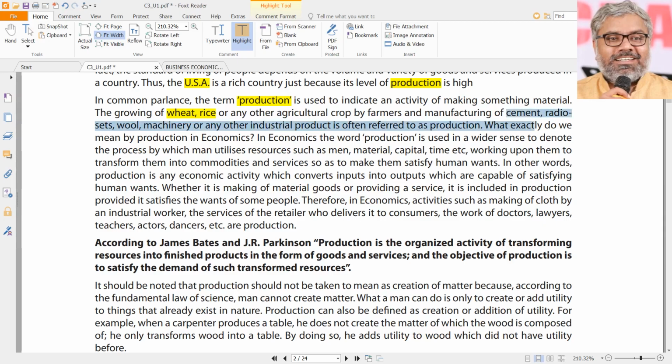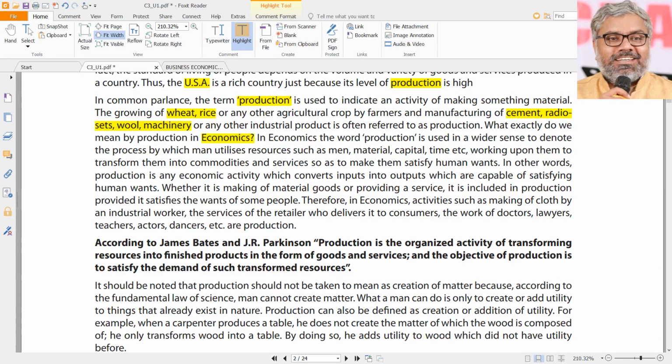Manufacturing of cement, radio sets, wool, machinery or any other industrial products, is it production? Definitely yes, because we can see them. It is easy to tell. Cement manufactured, yes, it is production. Cloth manufactured, it is production. Cars manufactured, it is production, because they are visible. But is that exactly what production is, even in economics?